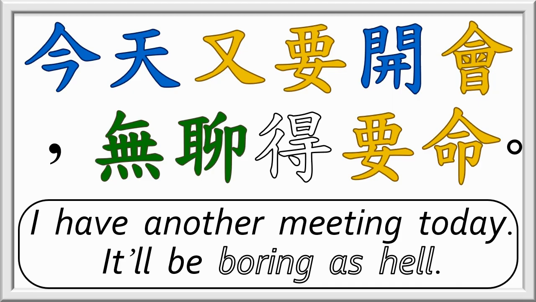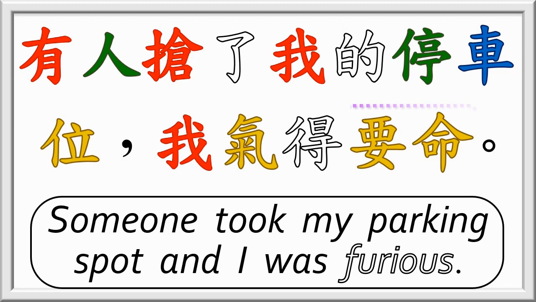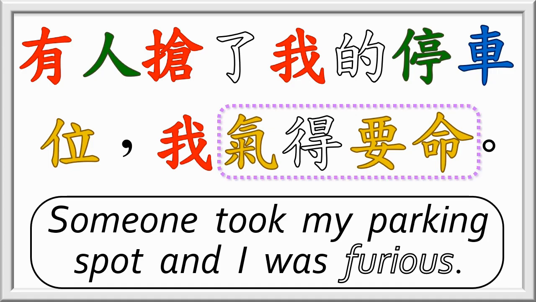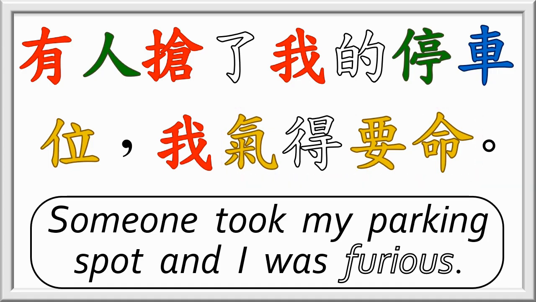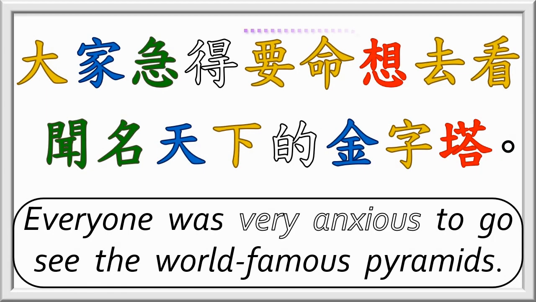I have another meeting today. It'll be boring as hell. 有人抢了我的停车位，我气得要命. Someone took my parking spot and I was furious. 大家急得要命，想去看闻名天下的金字塔. Everyone was terribly anxious to go see the world-famous pyramids.